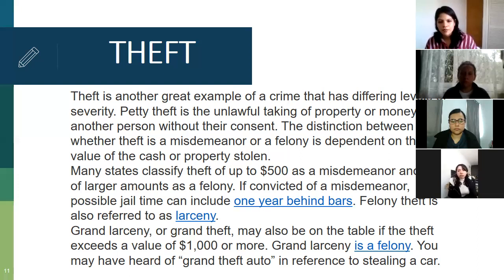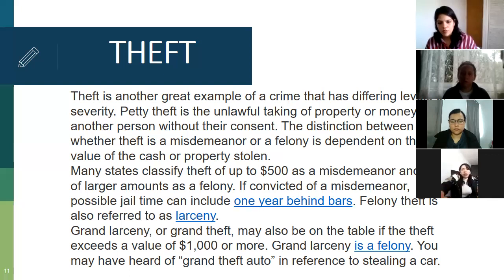In the common misdemeanor case, the penalty includes up to 1 year behind bars, and a felony theft is also referred to as larceny. Grand larceny may also be on the table if the stolen value is 1 million or more.